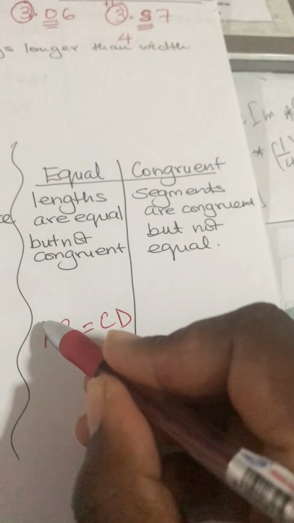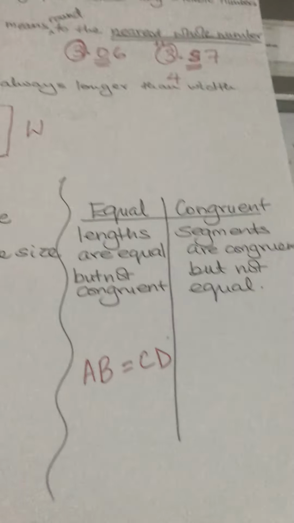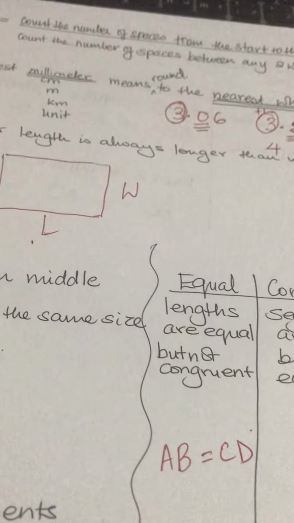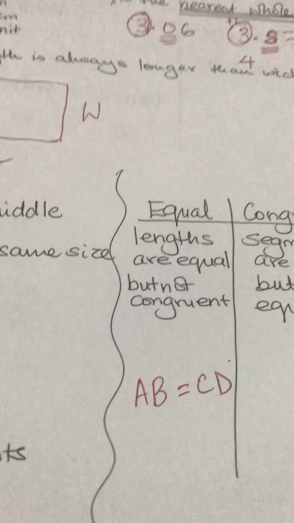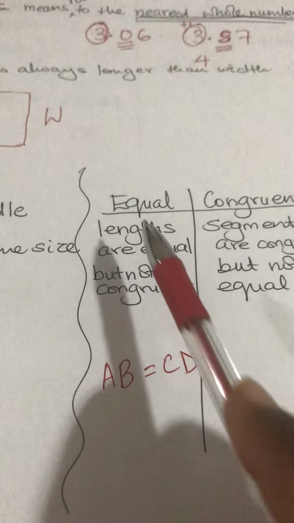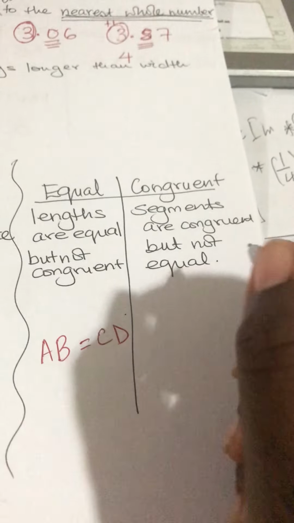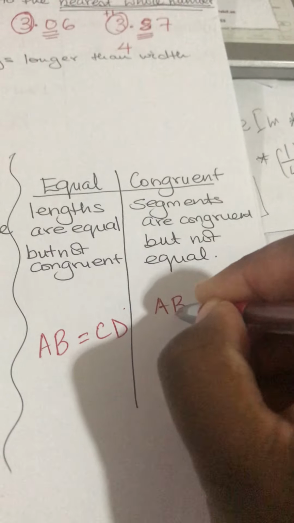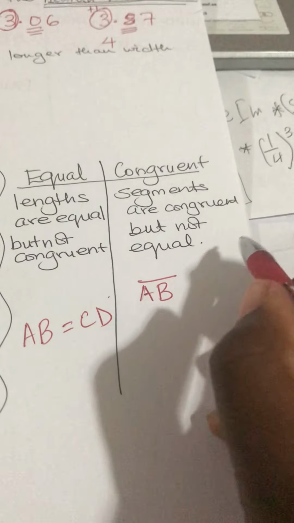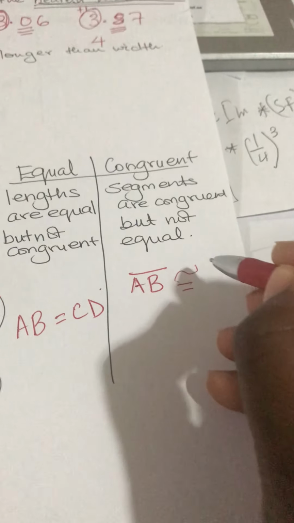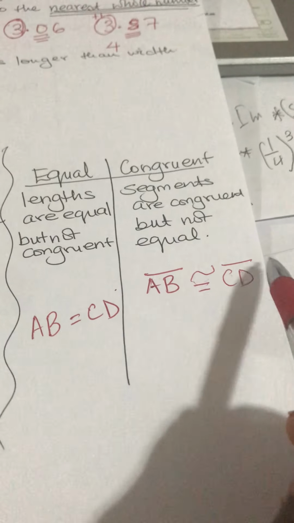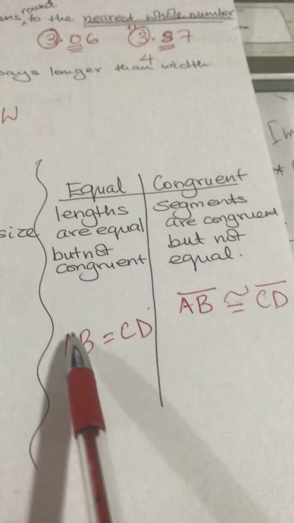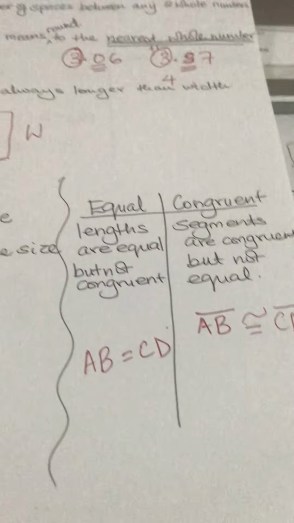When you don't have a line on top, it is a length. When you have a line on top, it is a segment. And you use the word congruent. So if the line is on top, you use congruent. If there is no line, then you use equal.